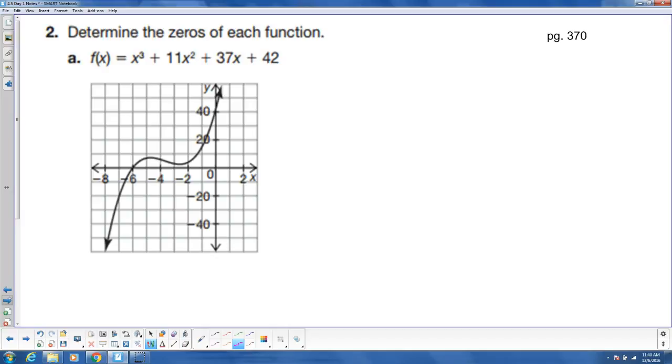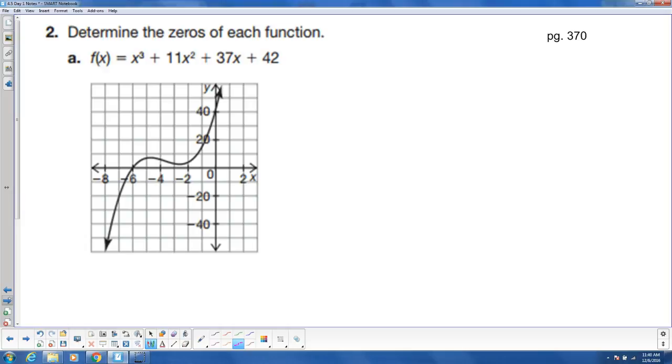What about this one? Is x cubed plus 11x squared plus 37x plus 42, is that factorable? It is? Yeah? We can probably group it. Let's try grouping it.